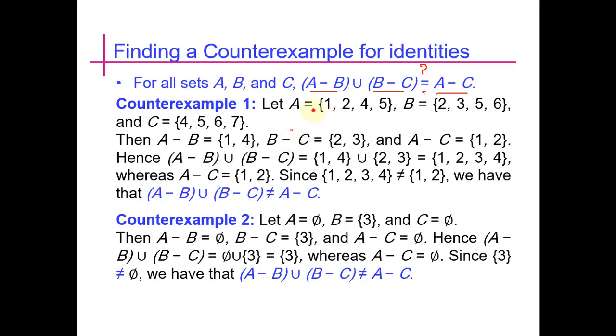So for this we see that this is false by this counter example. We are taking sets A, B and C, and then we are checking what the result is. So A minus B is giving us 1 and 4, and B minus C is giving us 2, 3, and A minus C is 1, 2.